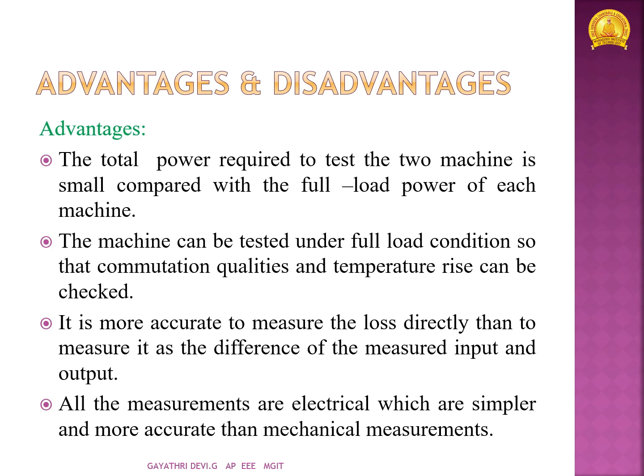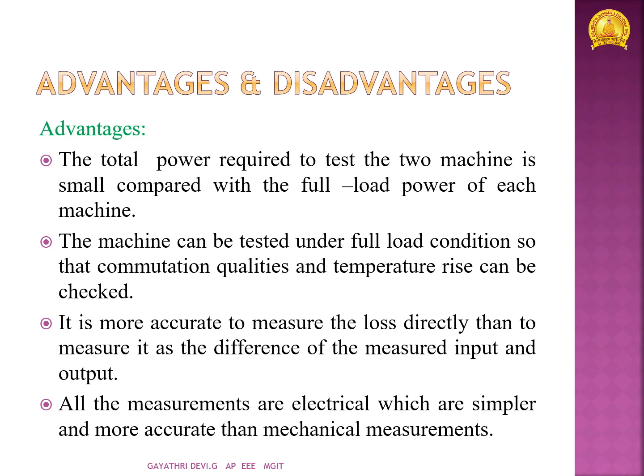The machine can be tested under full load condition so that commutation qualities and temperature rise can be checked. Using Hopkinson's test, we can calculate the efficiency, temperature rise and commutation qualities.